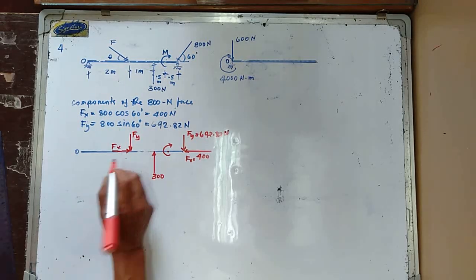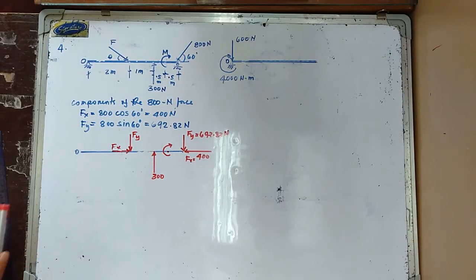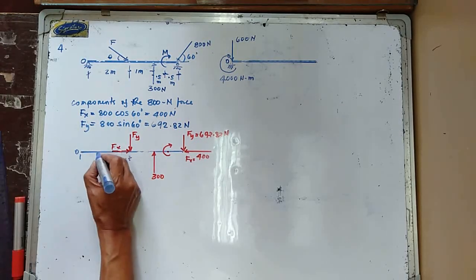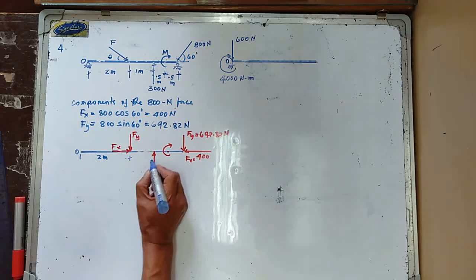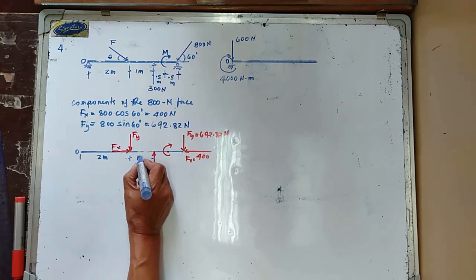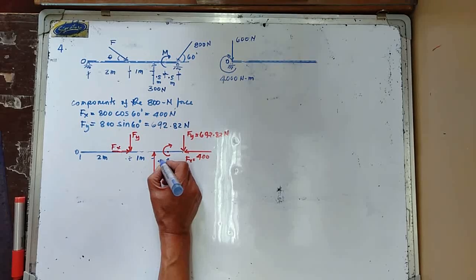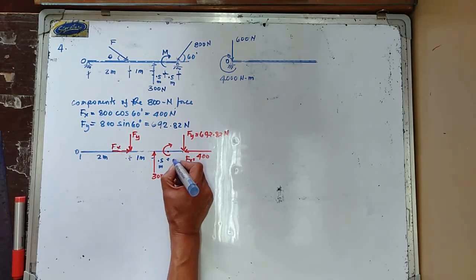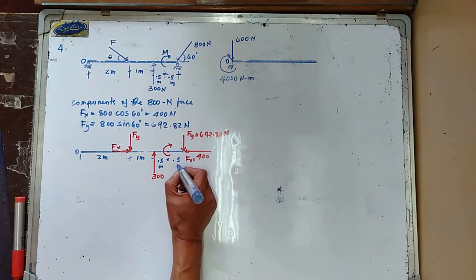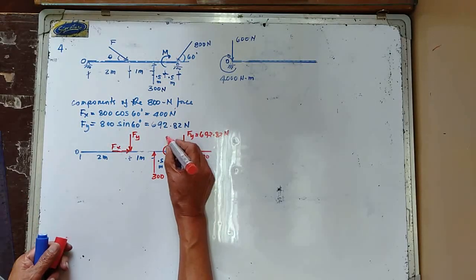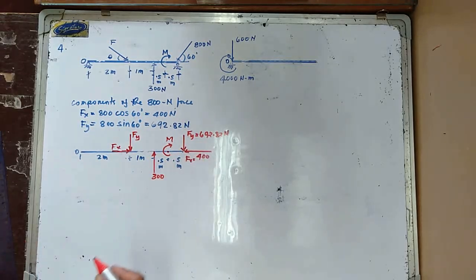So we have now the distances. From point O is 2 meters, and that one is 1 meter. This is 0.5, that is another 0.5 meter. We have couple M.